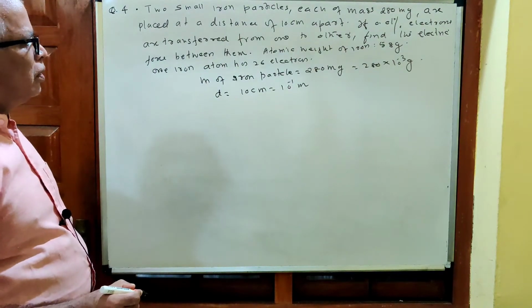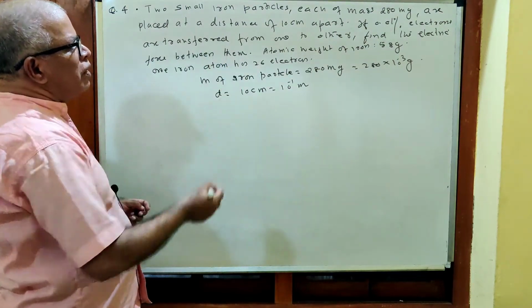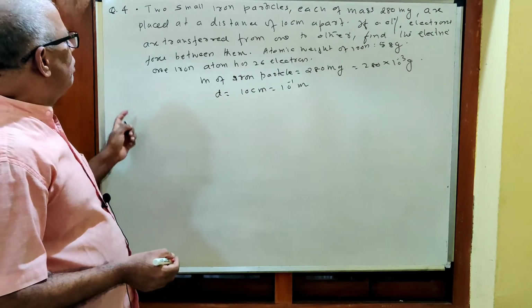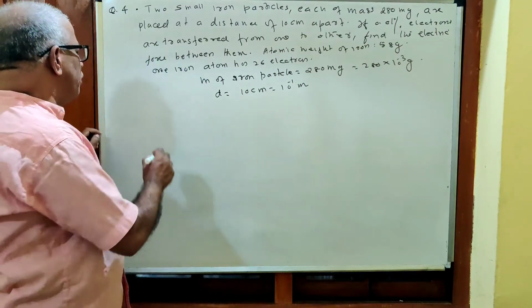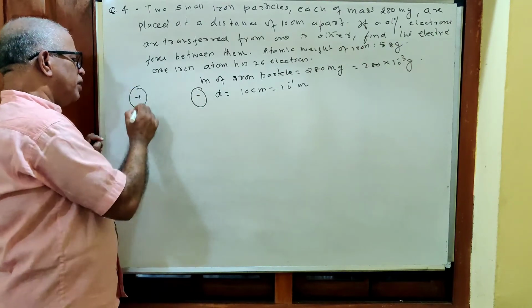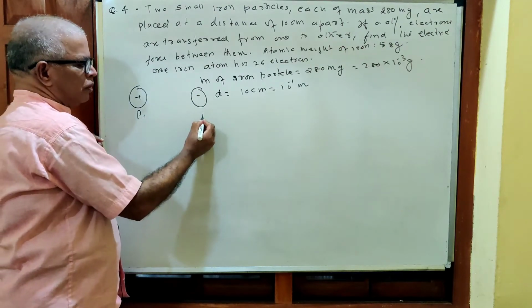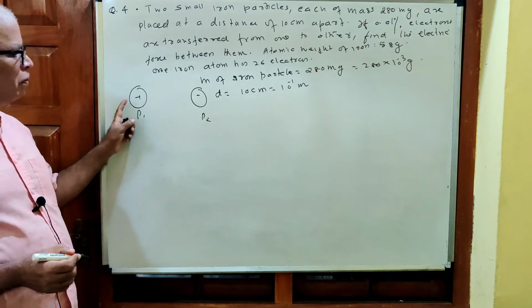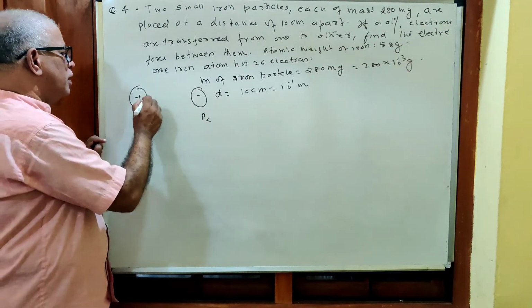If 0.1% of electrons are removed from one and transferred to the other, one particle becomes positive and the other becomes negative. From particle P1 we remove electrons and add them to P2. So P1 becomes positive, P2 becomes negative, so they attract each other.